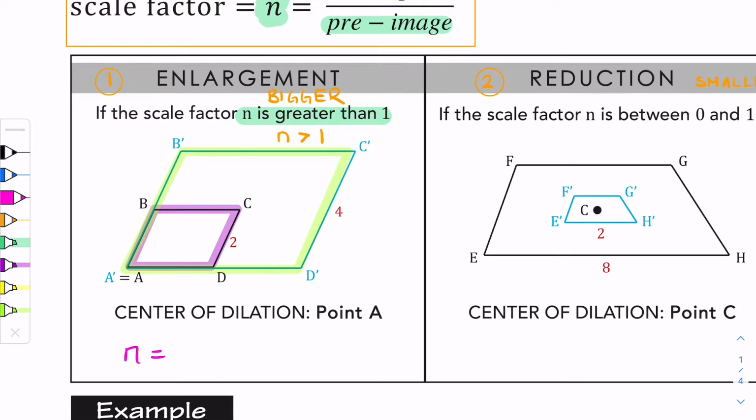So the scale factor, represented with n, is going to have the image length. And you, of course, want to use corresponding sides, so the same side but on each figure. So the image length is going to be this number 4. So side CD is the side we're looking at.